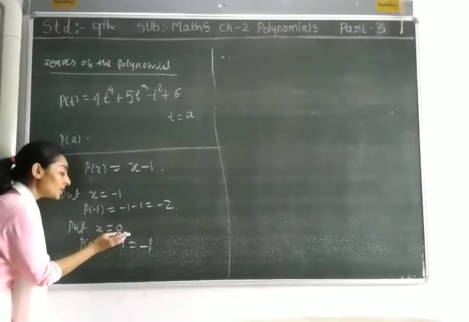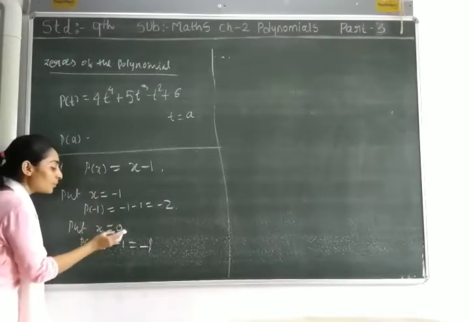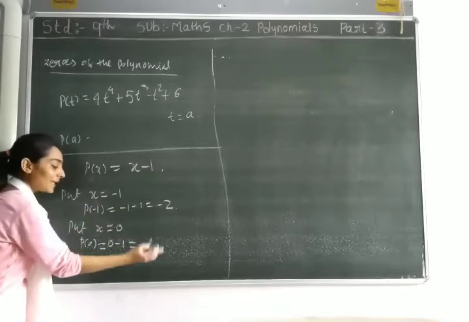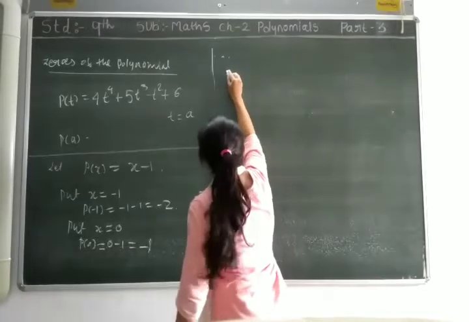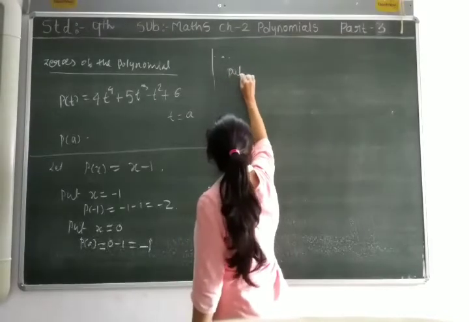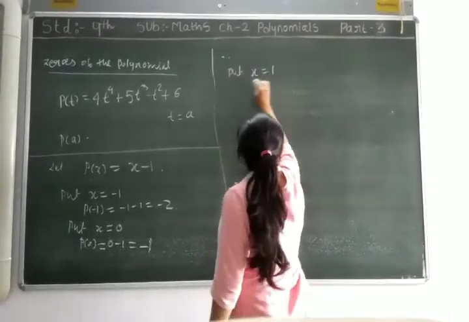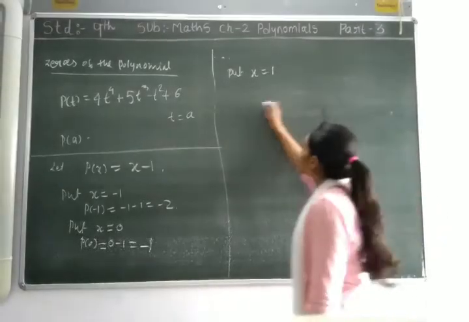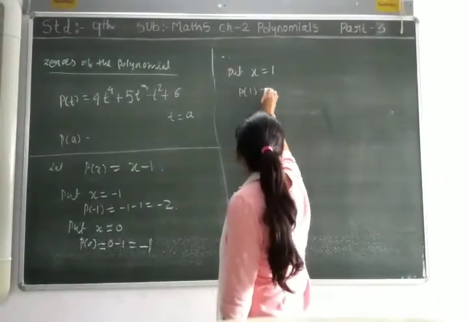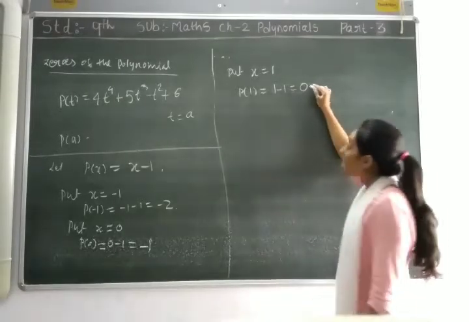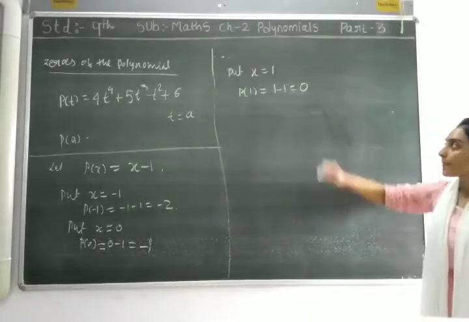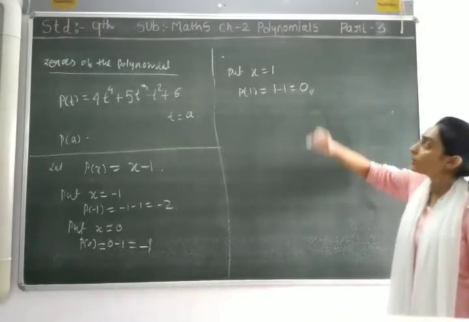Okay, when I put this number over here, I am getting the value minus 1. What if you put x equals to 1? So p of 1 equals to 1 minus 1 equals to 0. I am getting the value over here is 0.